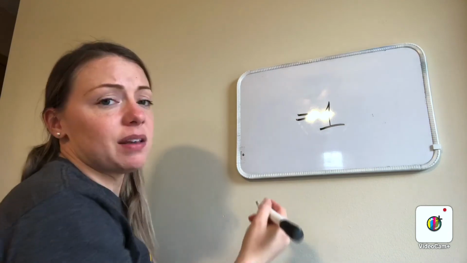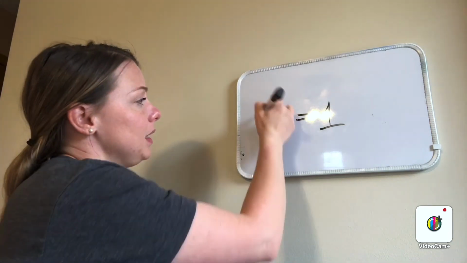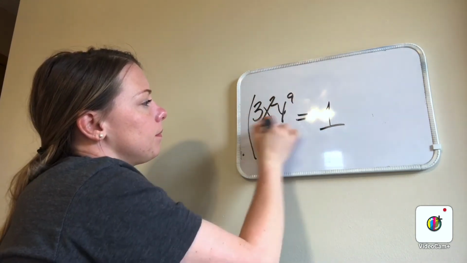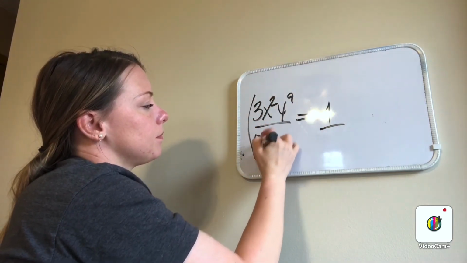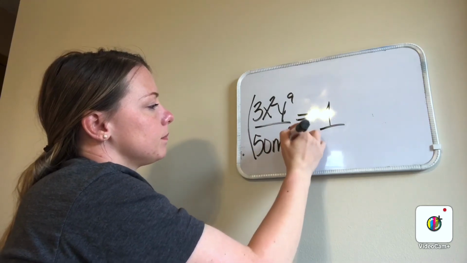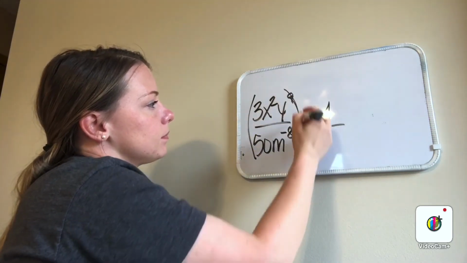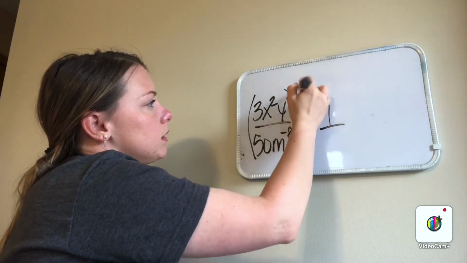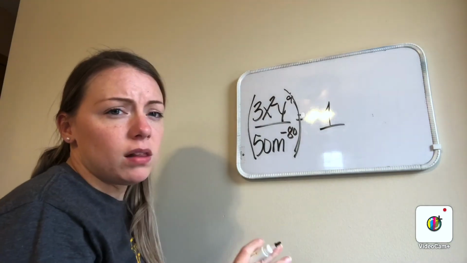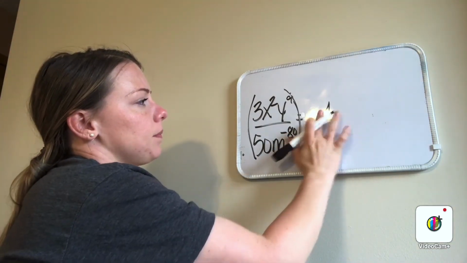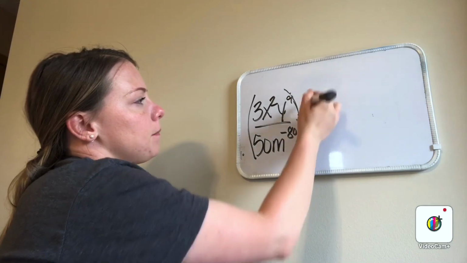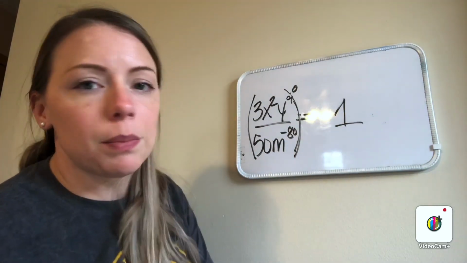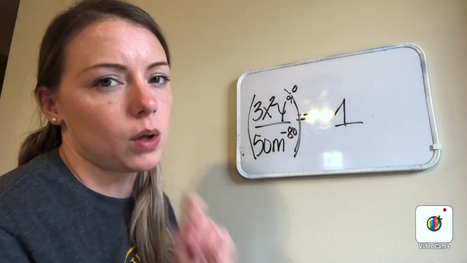If I had some very crazy problem in parentheses, excuse my sloppiness, let me correct that. All right, so I have all of that craziness to the power of 0. I don't have to work anything out, because anything to the power of 0 will always be 1.